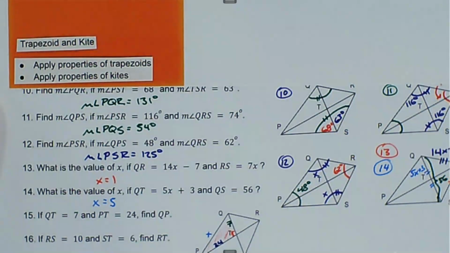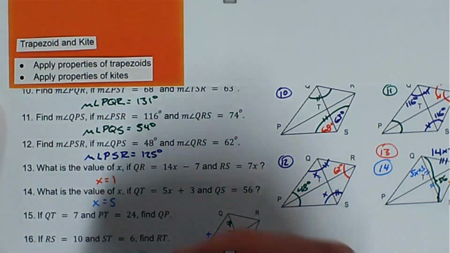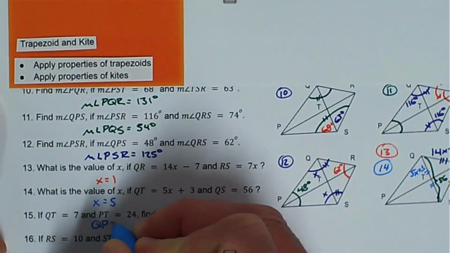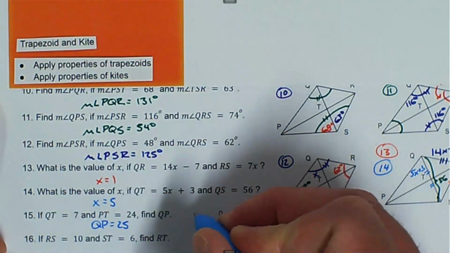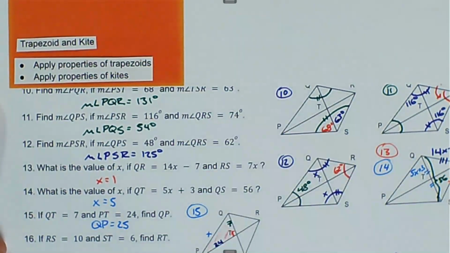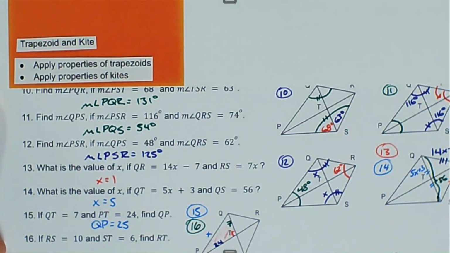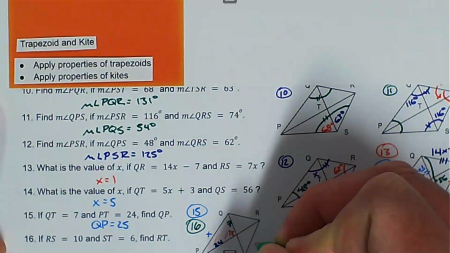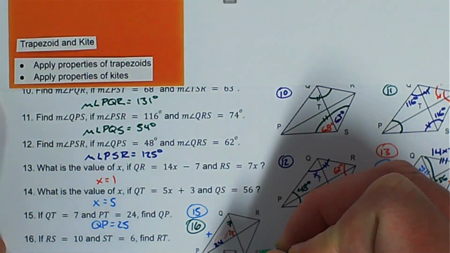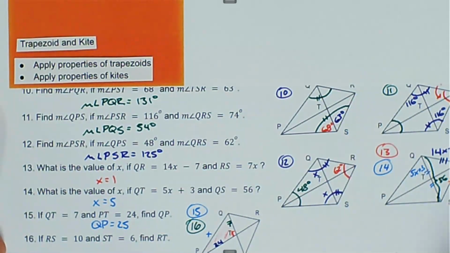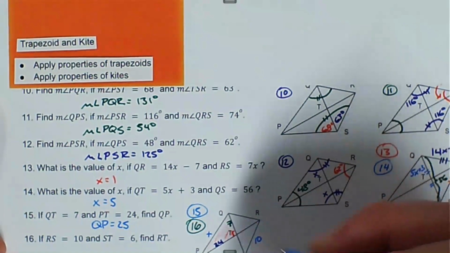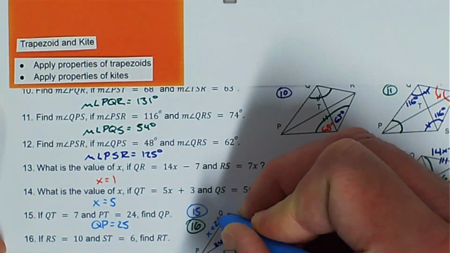And then for number 16, we said QP is equal to 25. And that is number 15. Number 16 is also going to be with this drawing. It says RS is 10, so we'll put x equals 25.